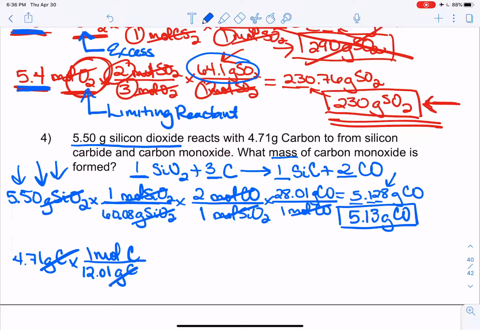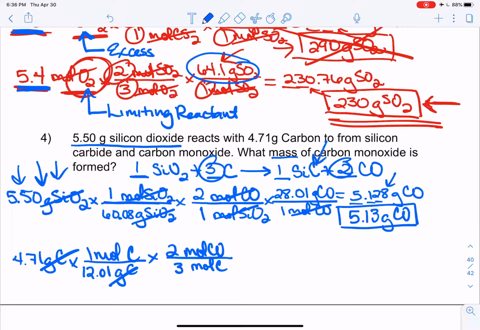Okay, so grams of carbon cancel out. And we want the mole to mole ratio because we need to get from carbon to carbon monoxide. So for every 3 moles of carbon that we consume, we're going to make 2 moles of carbon monoxide.